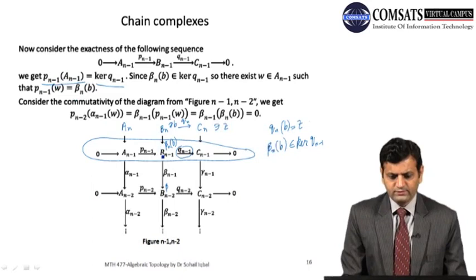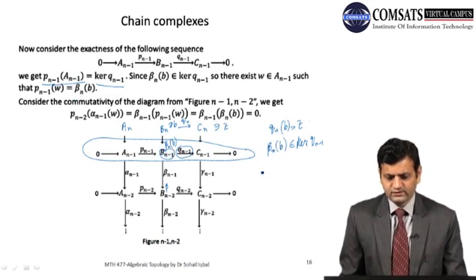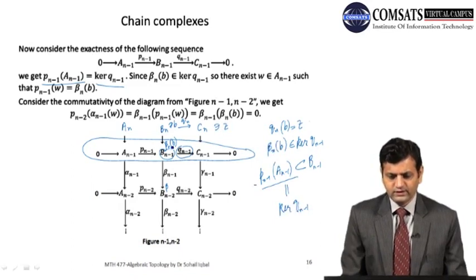So Pn minus 1 of An minus 1 is contained in Bn minus 1, and this image is exactly equal to the kernel of Qn minus 1. That's why βn of b must be equal to Pn minus 1 of some element w.